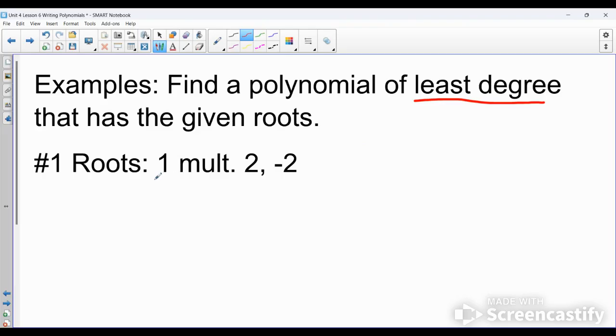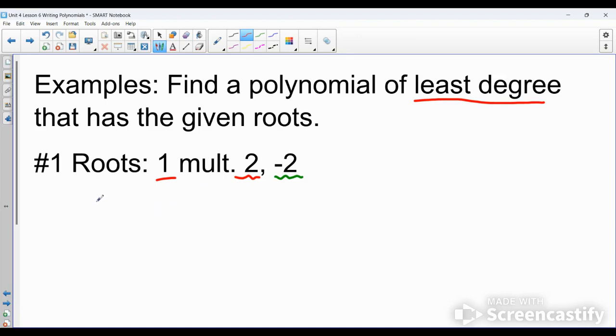So we have a 1 with a multiplicity of 2. So we do want to consider multiplicity of 2. It means it happens twice. And then we have a root of negative 2. So we're going to write these in factored form based off of the root. Factored form is x minus the root.